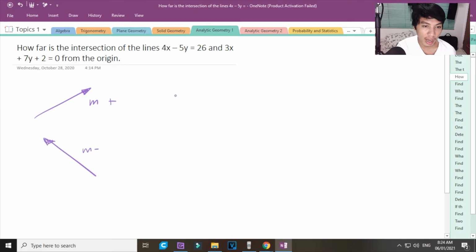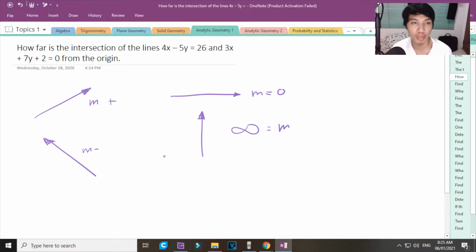And if your line is nakahiga, that is 0. And if your line is patayo, infinite ang slope mo. Okay? That is yung karagdagan nating kaalaman.